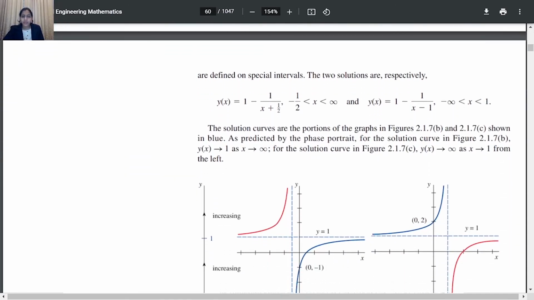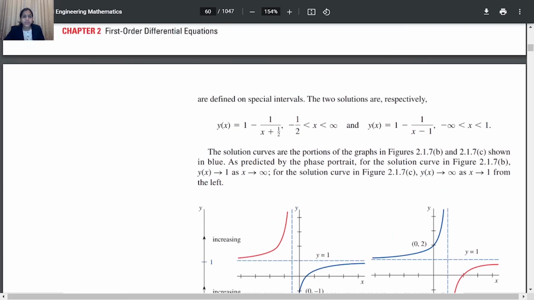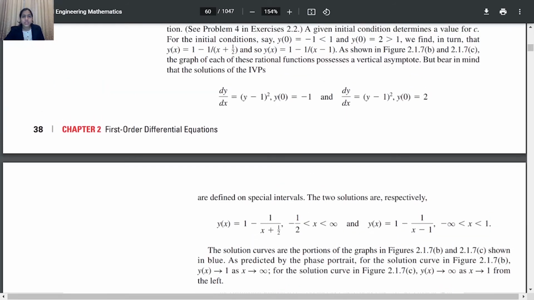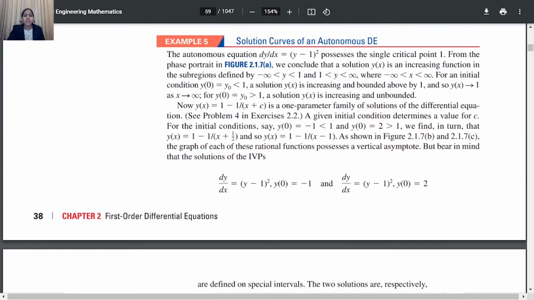This is our phase line, separated at 1 into minus infinity to 1 and 1 to infinity. The solution of this particular differential equation is y of x is equal to 1 minus 1 by x plus c.